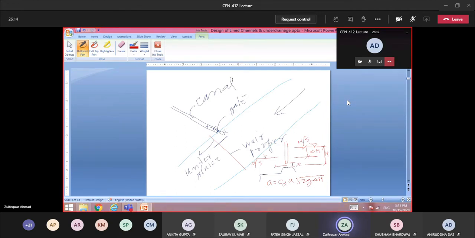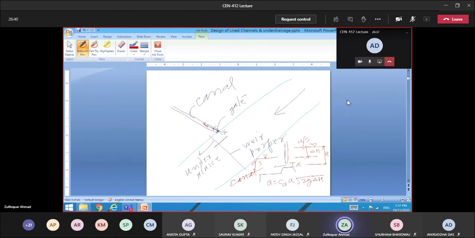Now you can see here the discharge which is going in this canal is a function of the water level in the downstream and the water level in the upstream, right? Now the question arises of how the water level in the downstream is measured and how the water level in the upstream is measured, okay? The water that is going in this canal is highly turbulent.